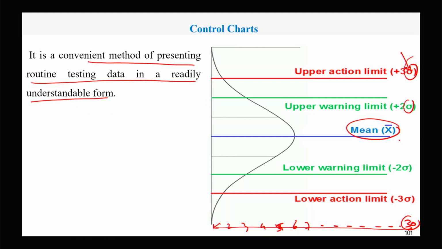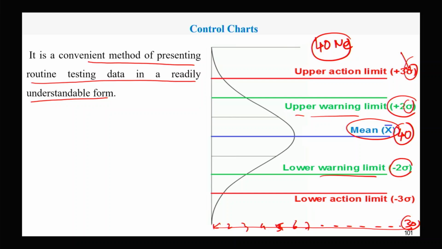Suppose we are producing 40 yarn count throughout the month in a particular machine. So 40 is the yarn count, and plus or minus 2 sigma limit is called the warning limit. Plus 2 sigma is the upper warning limit and minus 2 sigma is the lower warning limit.